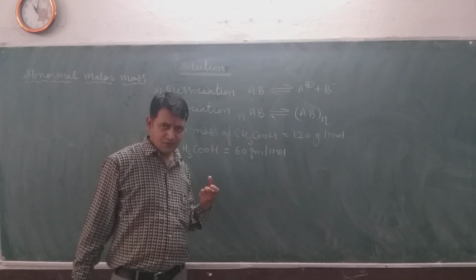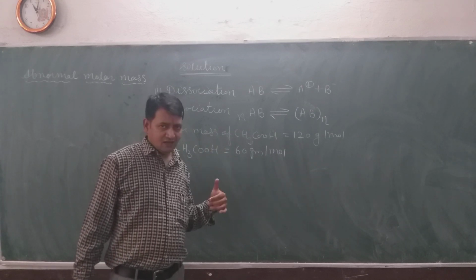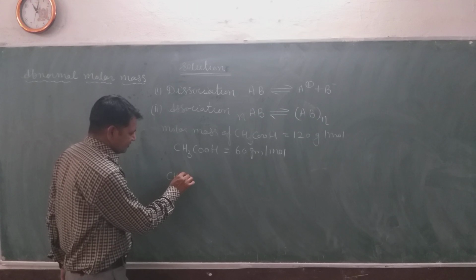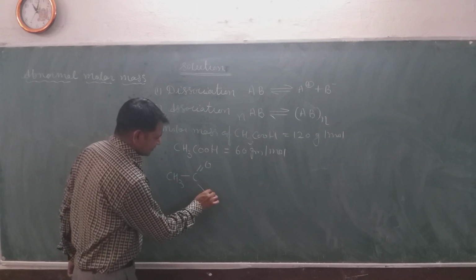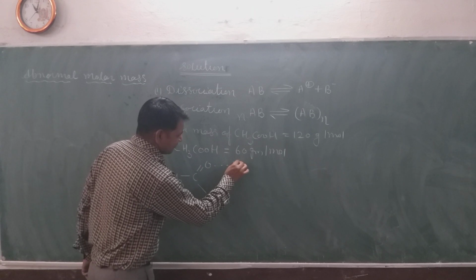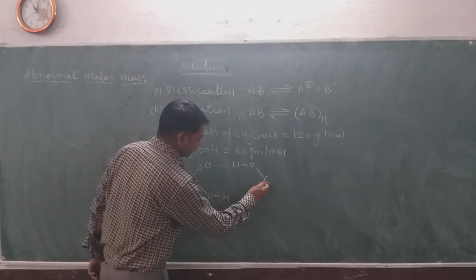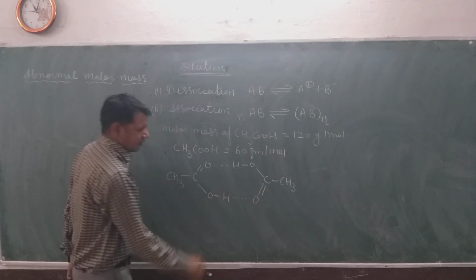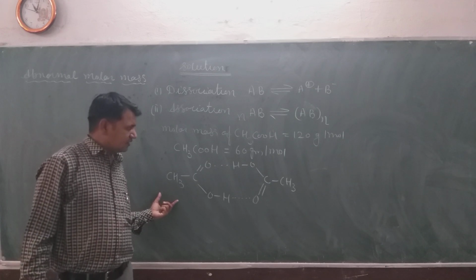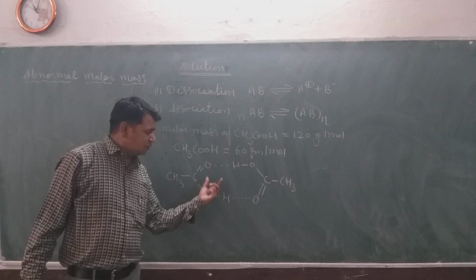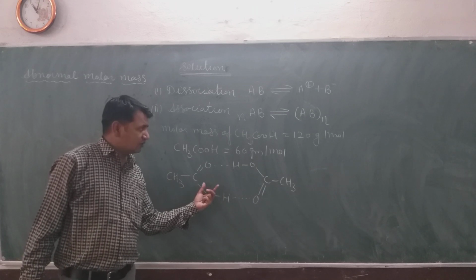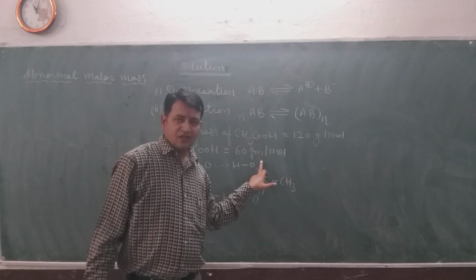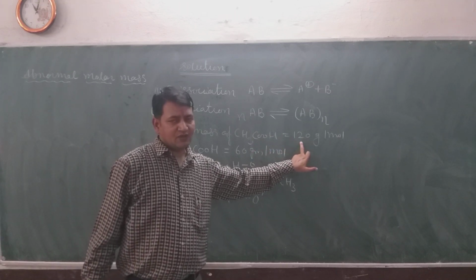Van't Hoff studied this phenomenon and found that when acetic acid is dissolved in benzene, it forms a dimer. Dimer means the combination of two molecules. He found that two molecules of acetic acid form a dimer, and due to the formation of the dimer, the molar mass of acetic acid obtained is just double its normal molar mass, which is 120 grams per mole.